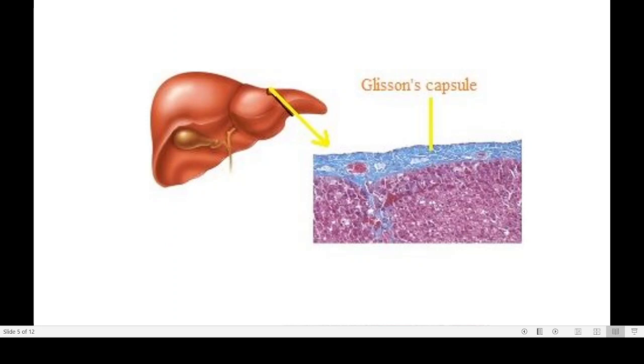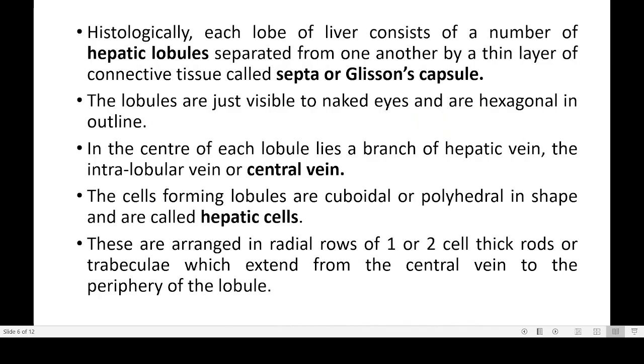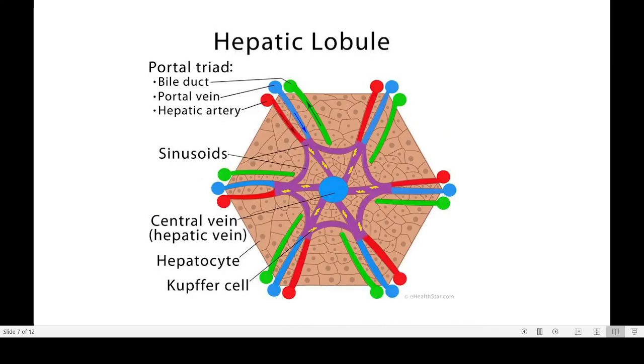Then you have to understand the meaning of the Glisson capsule. Glisson capsule is a kind of connective tissue separating different lobules. Then we have to see what is the central vein. This is known as the central vein. Then sinusoids are there, which are simply blood-filled spaces in the lobule. These blood-filled spaces in the lobule are known by the name sinusoid.